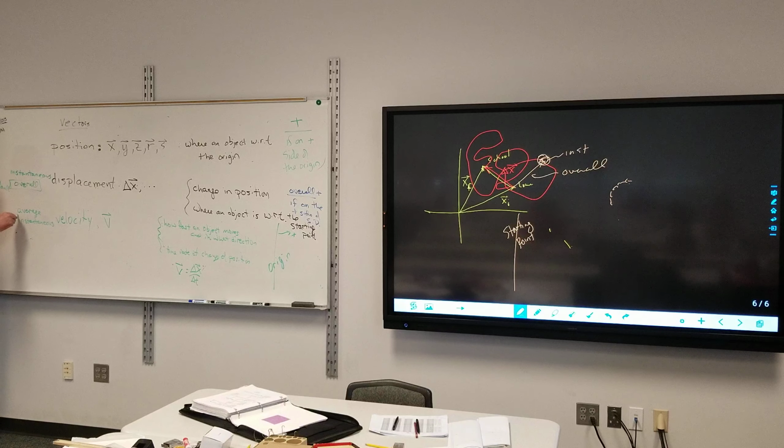Who in here has had calculus, or is in Calc 1 at least? Okay. This is a side note, this is not within the scope of the course, however, for some of you, velocity by definition is dx/dt. If you don't know what that means, don't worry about it.